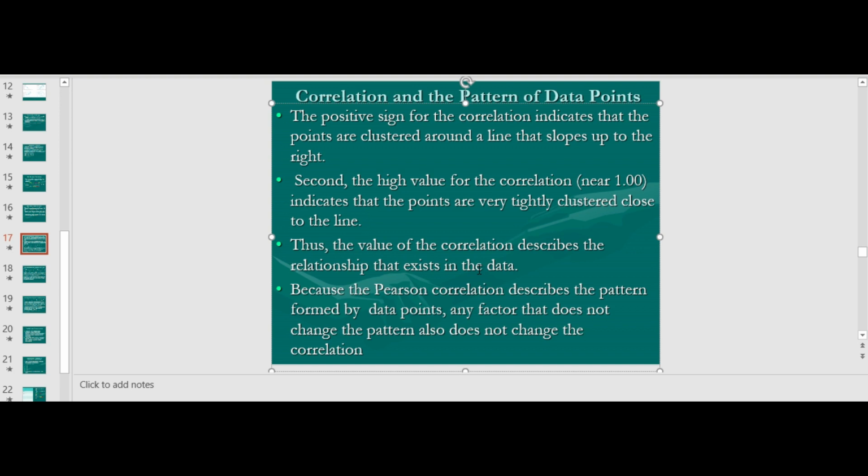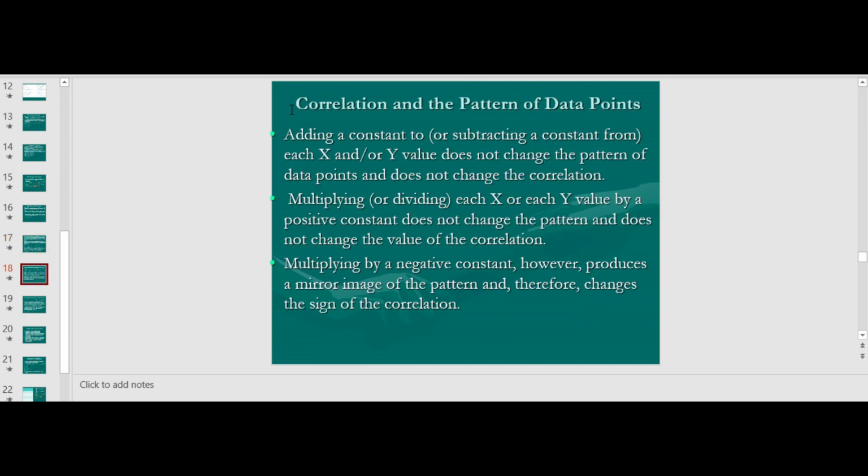Any factor that does not change the pattern also does not change the correlation. Adding a constant or subtracting a constant, whether we add or subtract a constant with each value of x or the value of y, does not change the pattern of the data points and does not change the correlation.